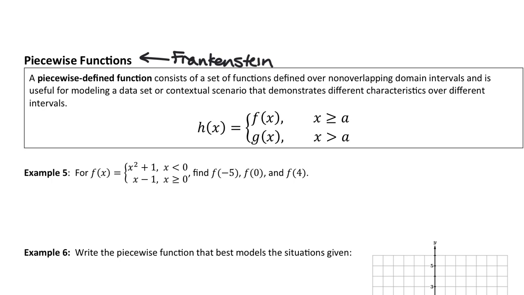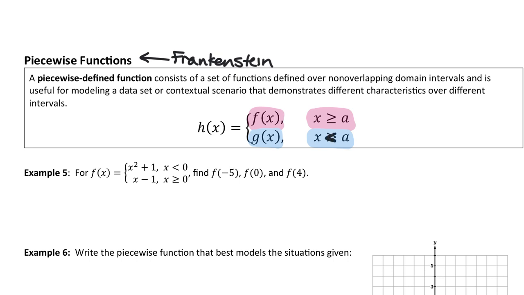What's going to happen in a piecewise function is we will have different definitions for different intervals, meaning you'll have some equation, f of x, that is in charge of the graph over a particular domain. And at some point, it's going to switch what's in control. So at some point, g of x is going to take over a different domain, which honestly, this is a straight up typo.